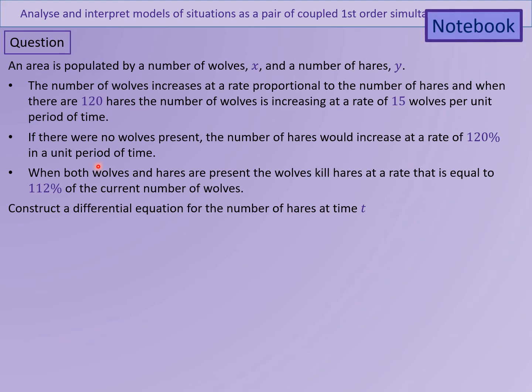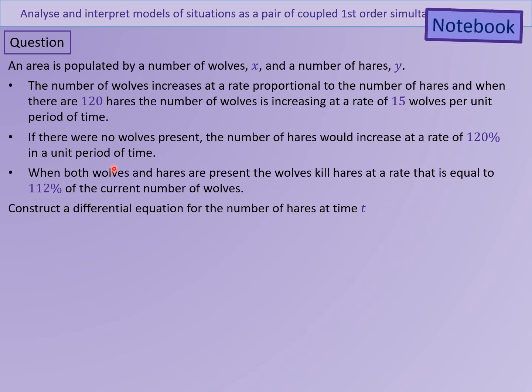So the number of wolves increases at a rate proportional to the number of hares, and when there are 120 hares, the number of wolves is increasing at a rate of 15 wolves per unit of time. So that looks like I need to do some sorting out. I've got some sort of differential equation being produced here because I've got a rate, and some of the others may just be to get some constants.